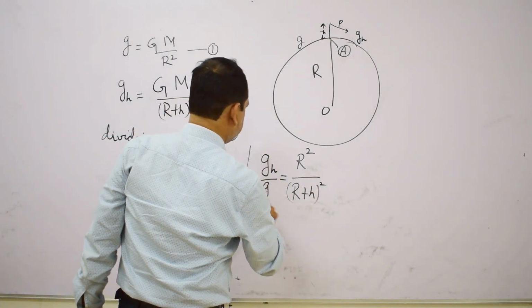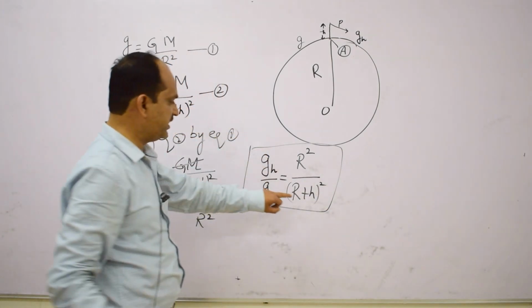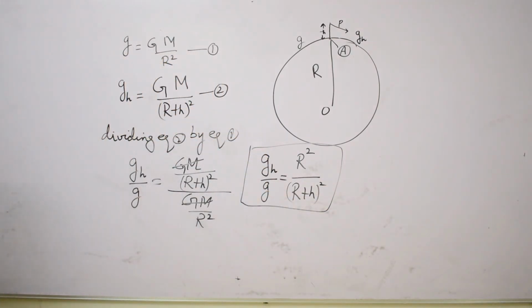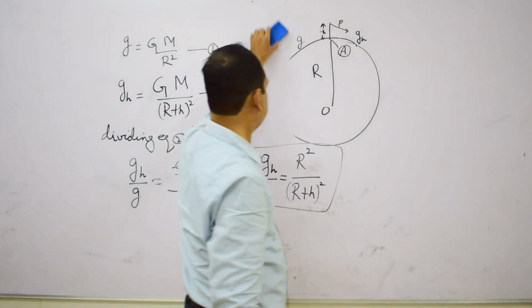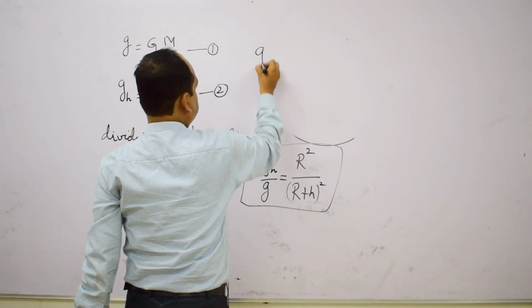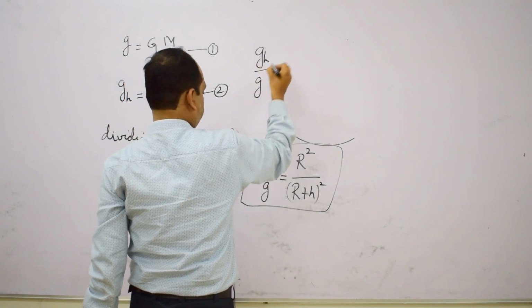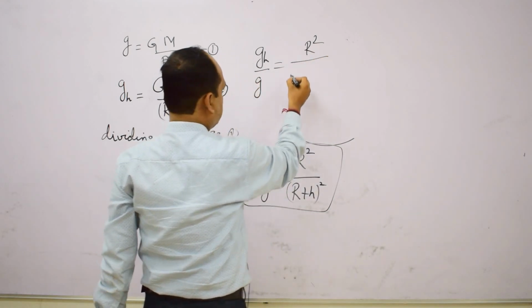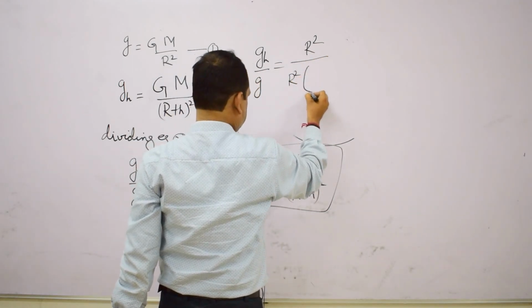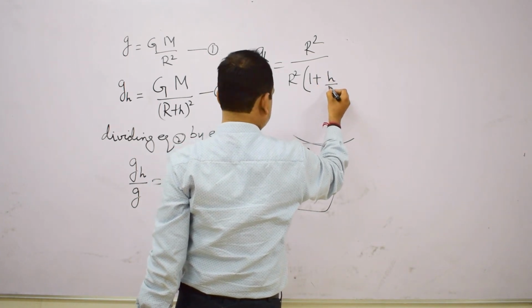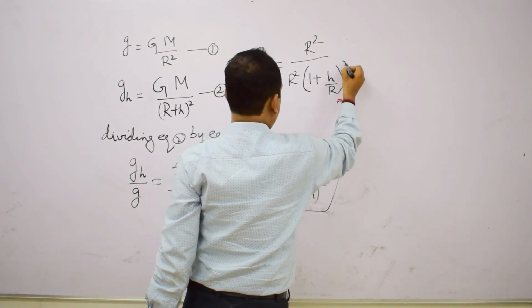Now if we take R² common from this bracket, this becomes gh/g = R²/[R²(1 + h/R)²].